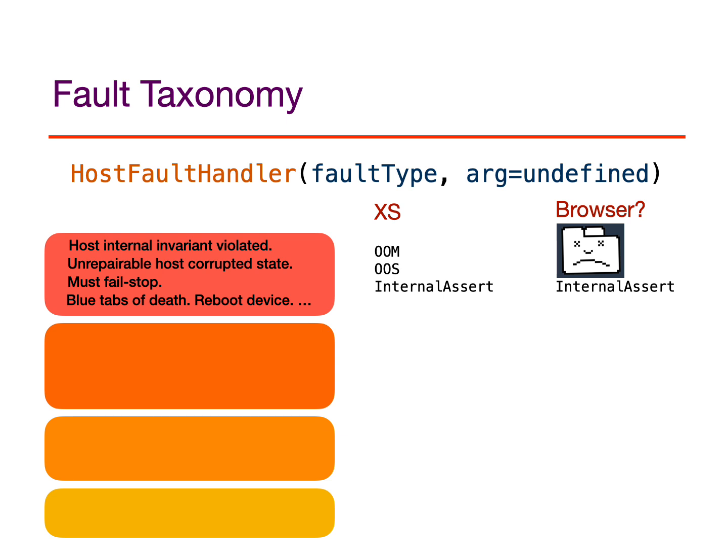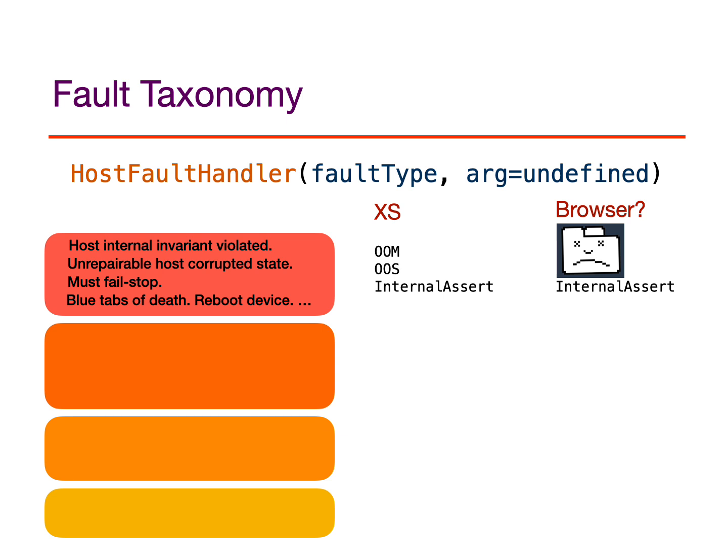So the next part of our taxonomy is these 4 levels of severity of a software fault. The first level of severity is that, and now I'm being a little sloppy with the word host, I mean host or JavaScript engine, but not JavaScript code. This is the code that implements what JavaScript code sees, and it detects that its internal state is corrupted.